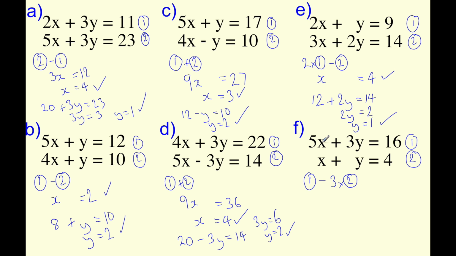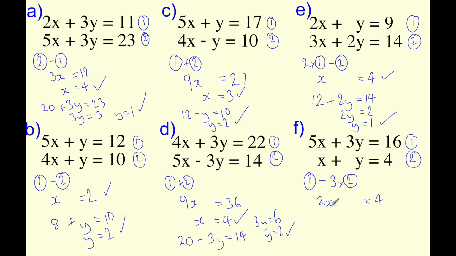So that's going to be 5x take away 3 lots of this, so 3x. 5x take 3x is 2x. 3y take away 3 lots of this, so that's 3y, take away 3y is 0. And then 16 take away 3 lots of 4, so that's 16 take away 12 is 4.